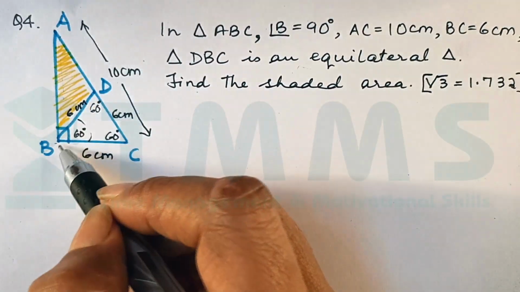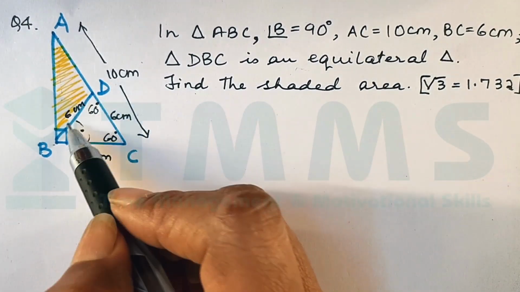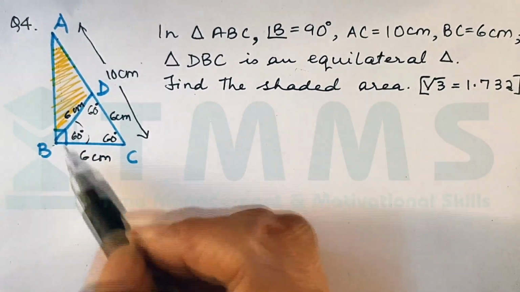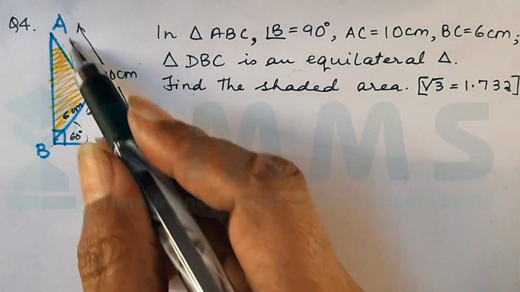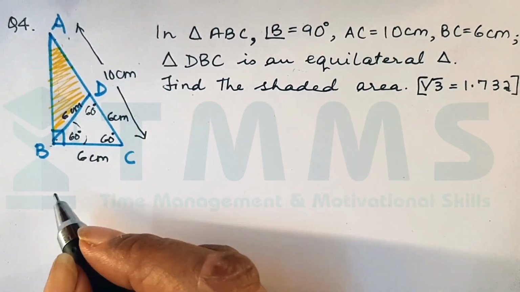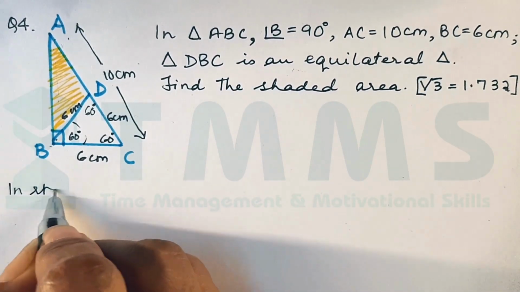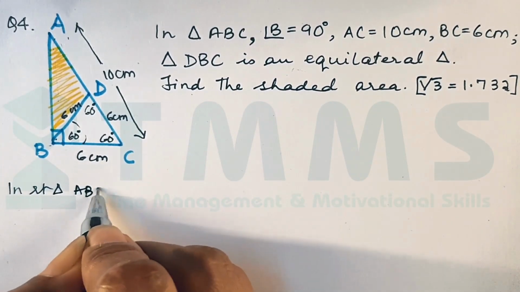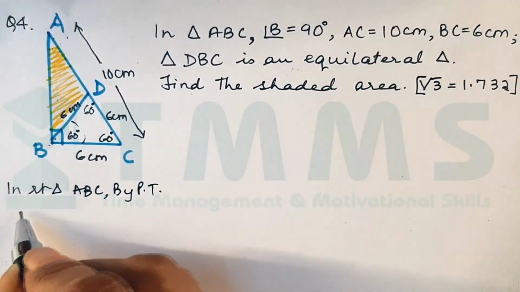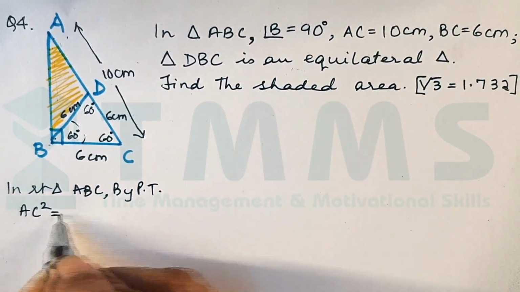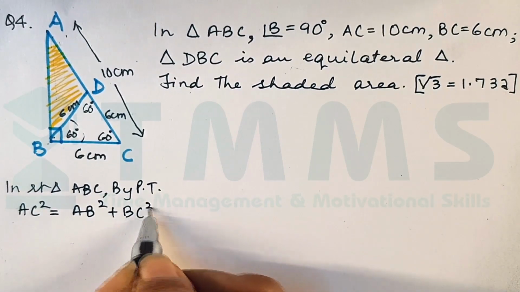So if I have to get the area of the right triangle, what should I do? I should find AB. How can I find AB? I know the hypotenuse. Opposite 90 degrees is hypotenuse. So can we not find our AB? So in right triangle ABC, by Pythagoras theorem, I'll have AC square is equal to AB square plus BC square, correct?